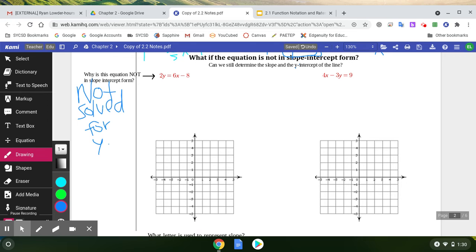But just because it's not solved for y does not mean in this case that we're not looking at a linear function. We can determine the slope and the y-intercept by just putting it into the form that we want it. So in this case, to solve for y, we would divide both sides by 2.